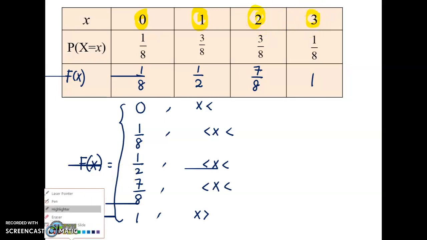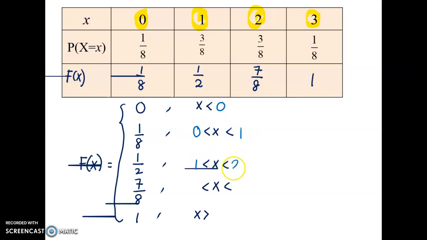So we are going to put the value, the first value is 0. And then the next one continues from 0 until 1, and then 1 until 2, 2 until 3, and then we put 3. Now we are going to put the equal sign.